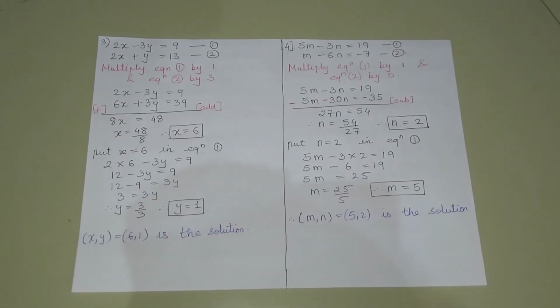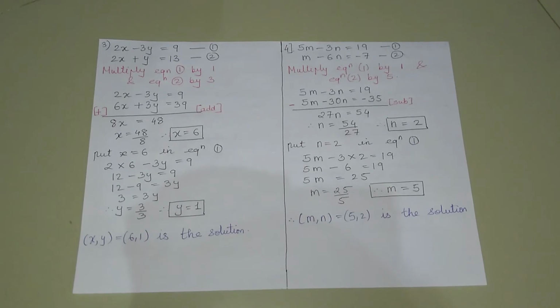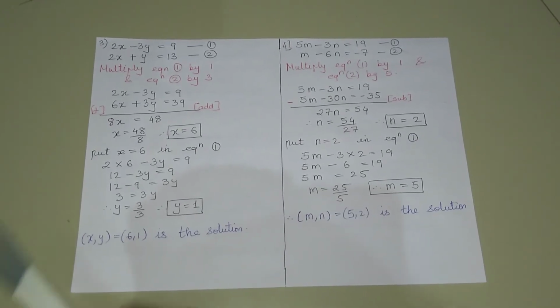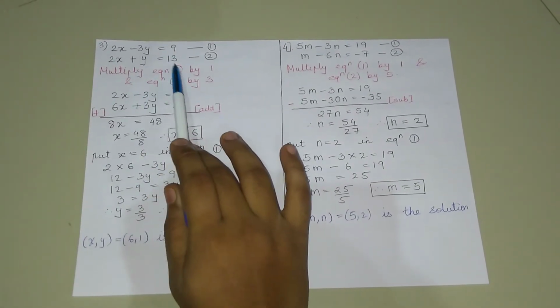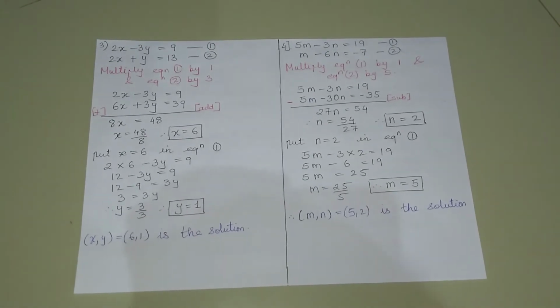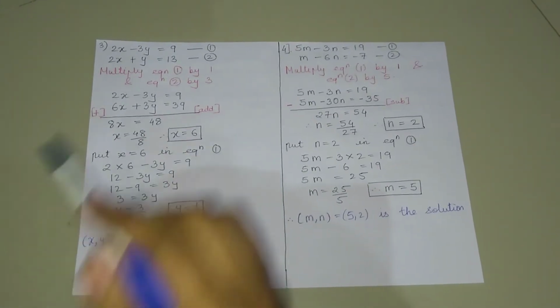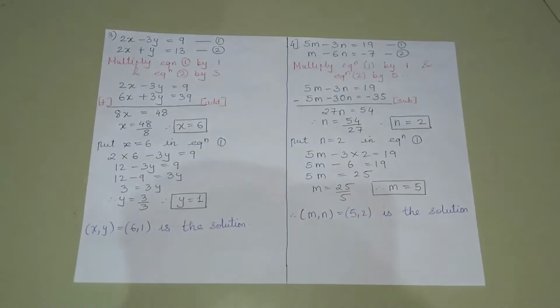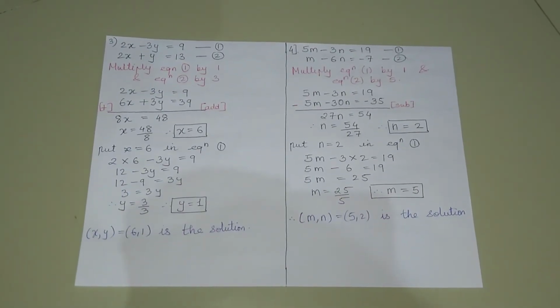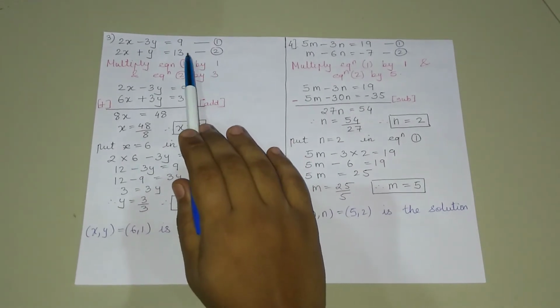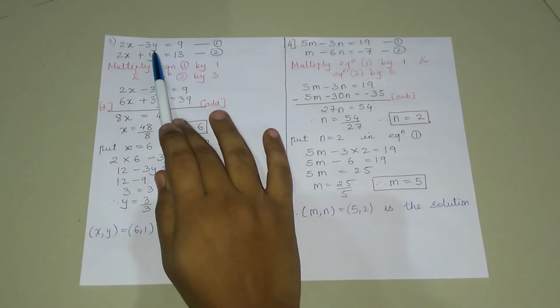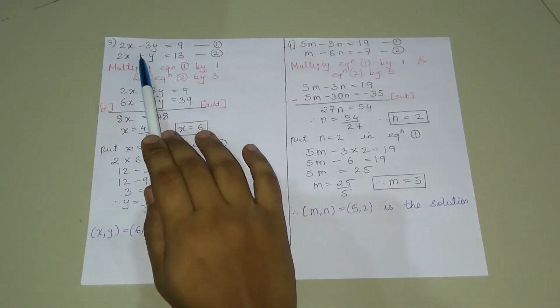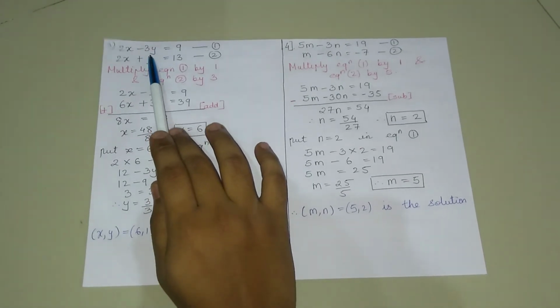Now let's see the third question. It is 2x minus 3y equal to 9, 2x plus y equal to 13. In this also we have the same pair, but we don't have opposite signs. So first we'll make this the same pair.